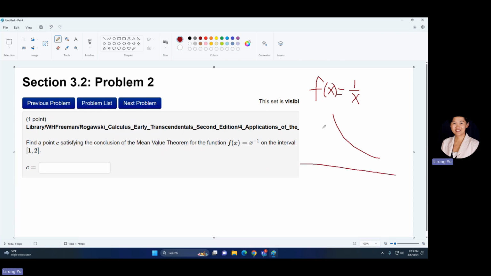So you can see how it behaves. That's from -1 to 2. This is 1. This is 2. So this is the 1. That's the 1/2. It's x equal 2.